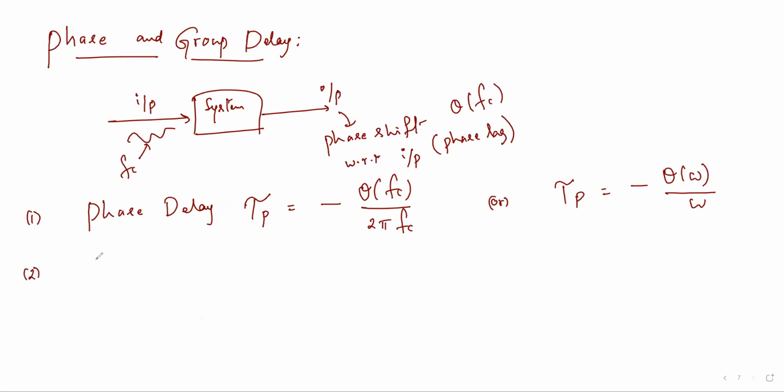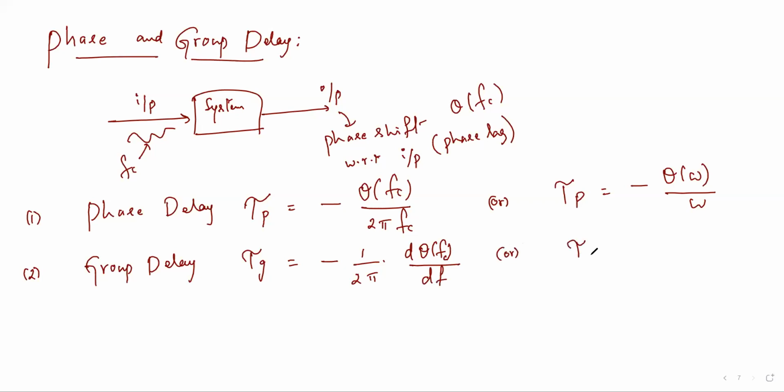Second, group delay means minus 1 by 2 pi d theta of FC by df. Or in terms of omega, minus d theta of omega by d omega.